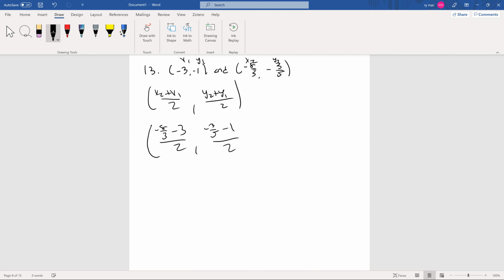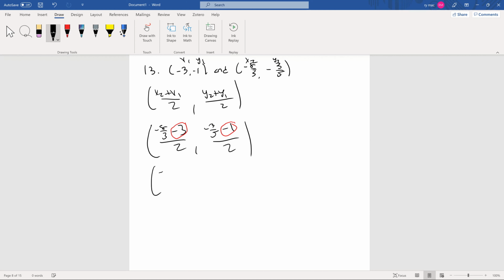So I would recommend, for a few people in class when they had the fractions in this midpoint, where they were dividing both first, I would simplify your fraction on the top. So the two things that we have to change is this -3 and this -1 so that they can be combined with -8/3 and -3/5.